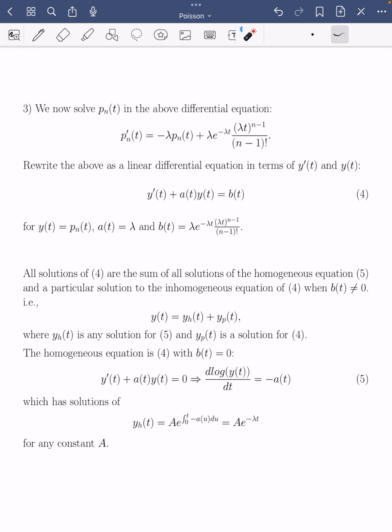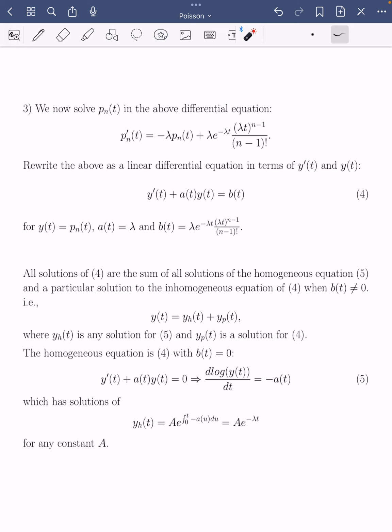So we call this equation a so-called linear differential equation. All the solutions of this equation are the sum of all solutions of the homogeneous equation number 5, which is this one, and then a particular solution of the inhomogeneous equation number 4, when this b(t) is different from 0.